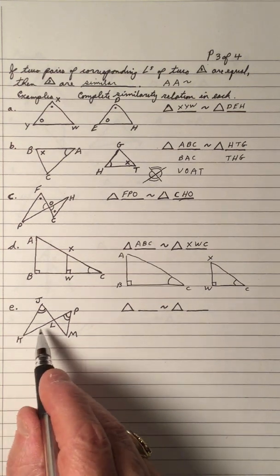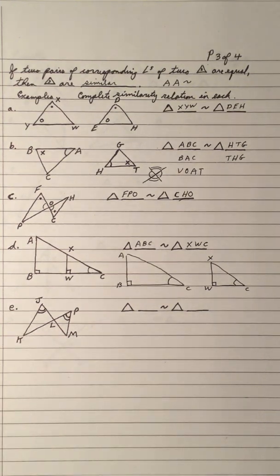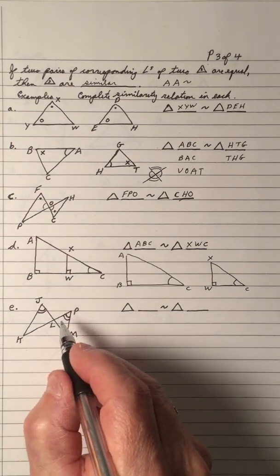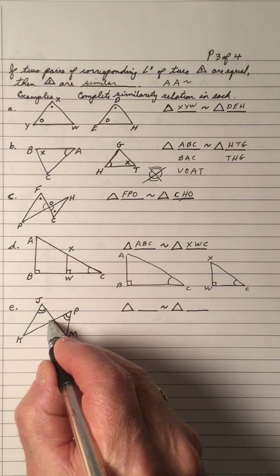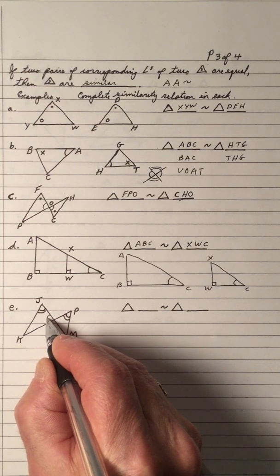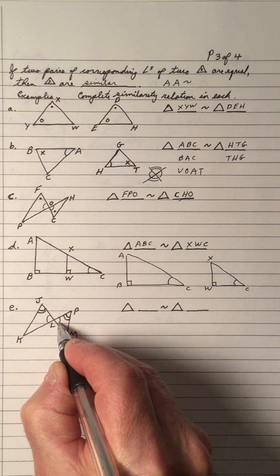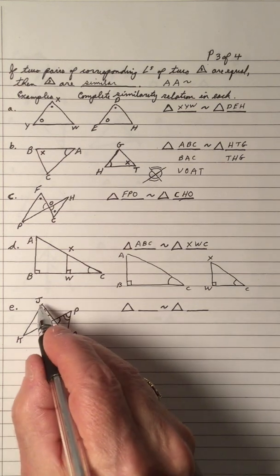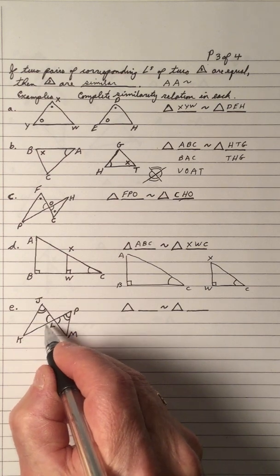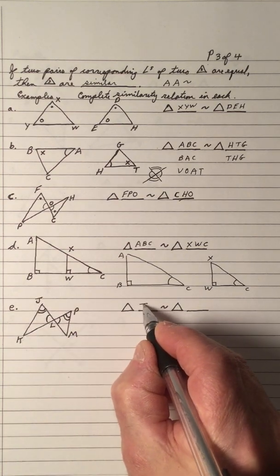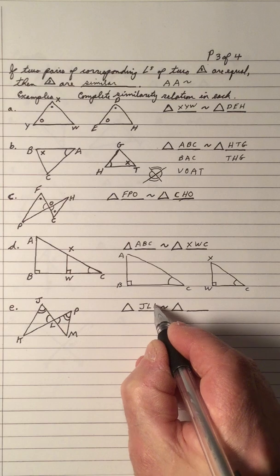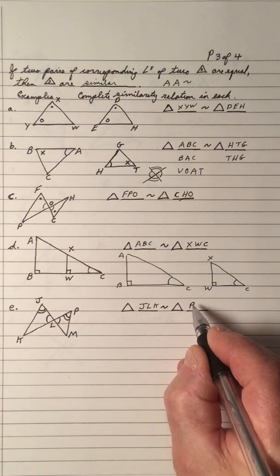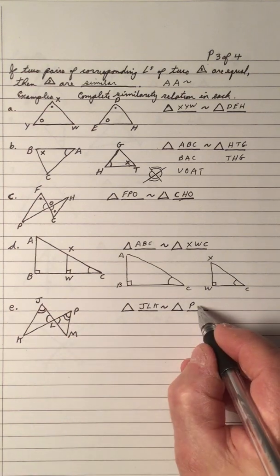In E, we have this diagram like a butterfly. Again, this angle right here is equal to this one because of VOAT, vertically opposite angles. So if I take the triangle JLK, J is equal to P, and L is equal to L in each of the triangles.